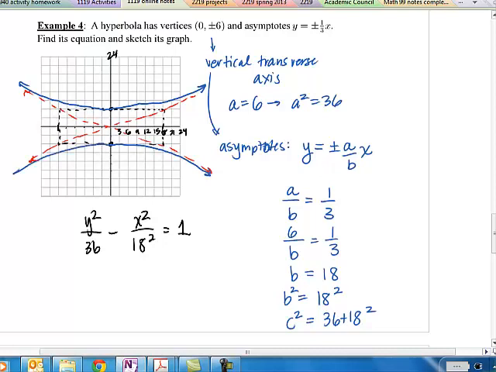Opening vertically. And the ratio, these asymptotes have the right slope, 1 to 3, and positive or negative 1/3. So everything looks good, the numbers are just big.